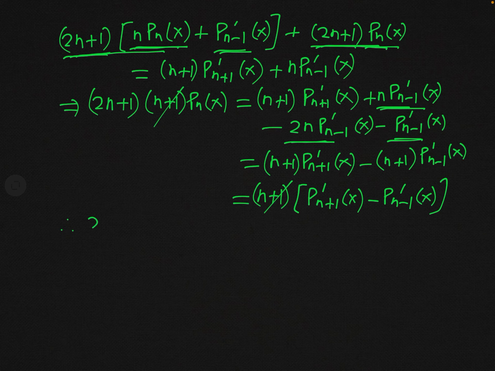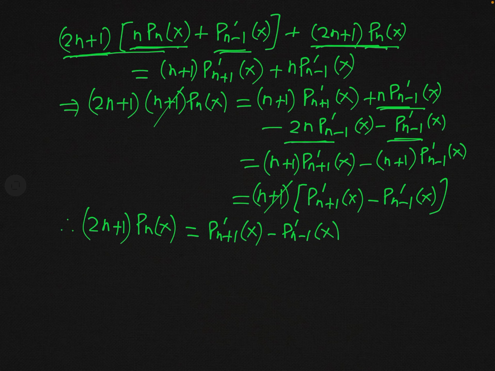Our result is simply 2n plus 1 into Pn of x and this equal to Pn plus 1 prime of x minus Pn minus 1 prime of x.